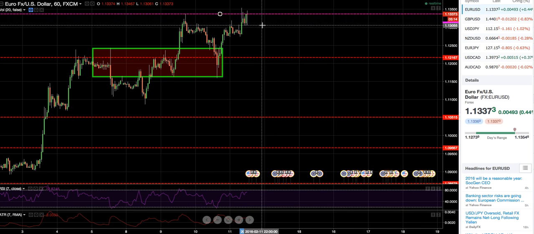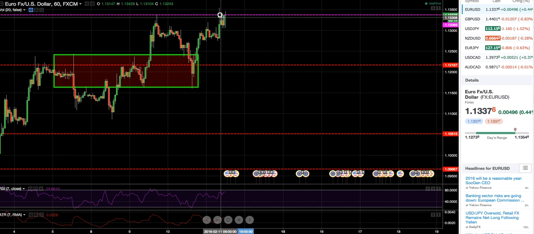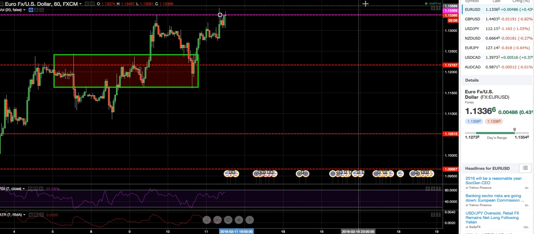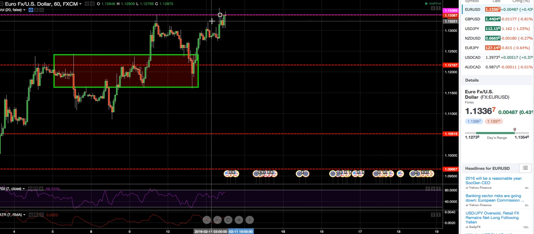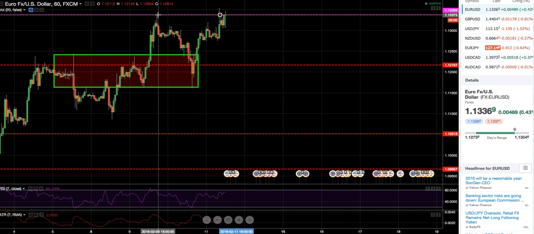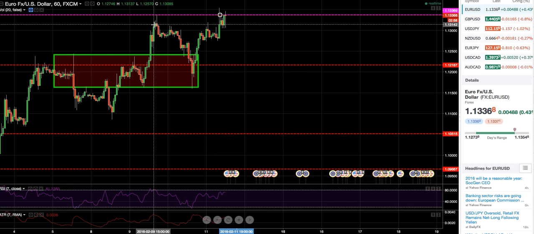If I zoom in, you can see the wicks of the candles. So let this be a lesson to you. The wicks do tell a story, right? If we take, for example, this pin bar candle right here, you don't have to know exactly the formations of the candles.